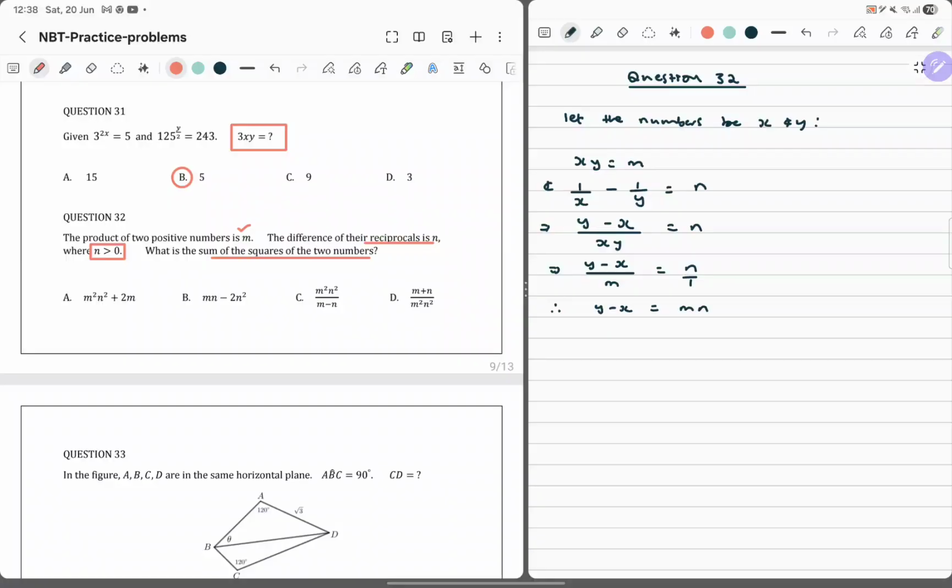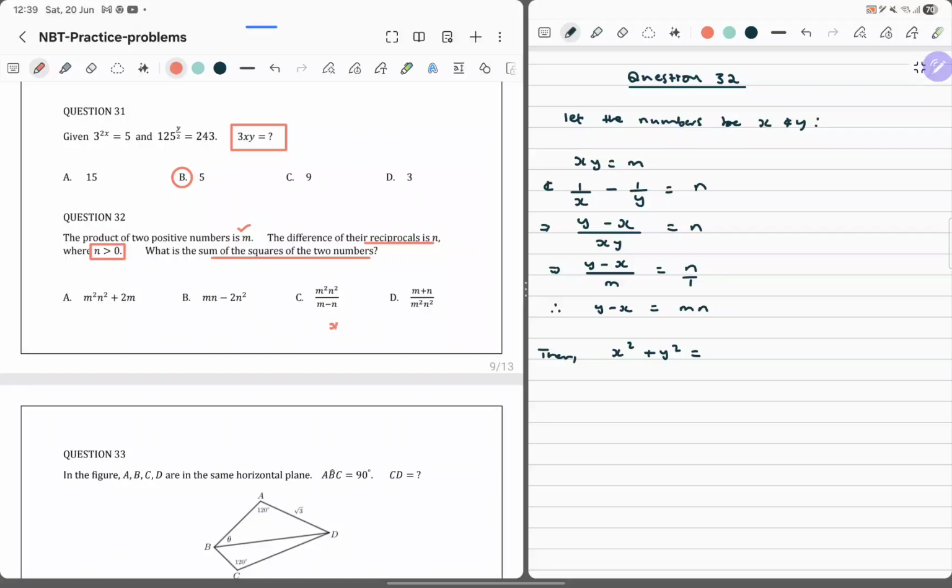Okay, let's just do that. Okay, cool. We can say then x squared plus y squared is equal to. Now remember, there's identities here. Sum of squares, difference of squares. Now there's two possibilities.